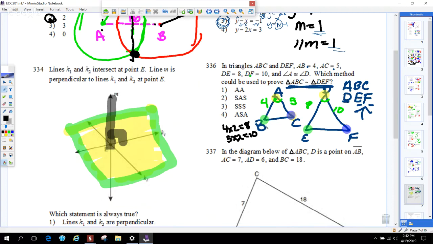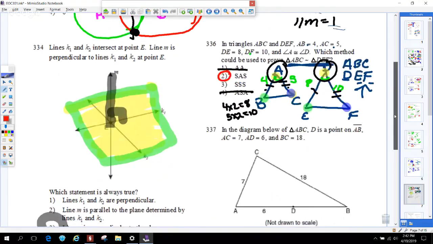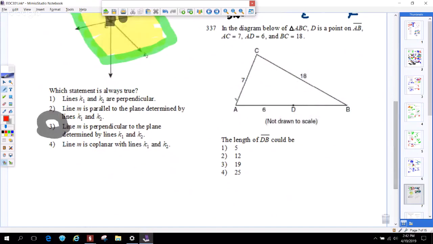So I know that the sides are proportional. So I can eliminate choice 4 and choice 1 because now I have two sides that match up. I also have an angle that matches up, and that angle happens to be sandwiched between my two sides. So as a result, it's choice number 2, side, angle, side.